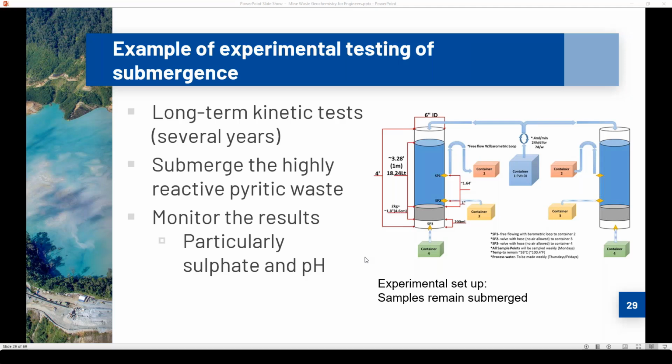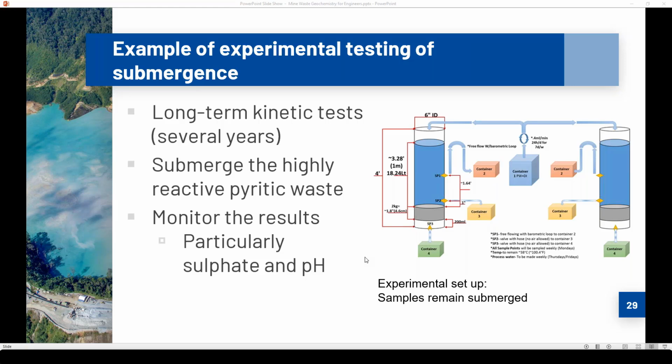For another example, we used long-term kinetic tests. These were tests that ran for several years, where firstly in the lab we demonstrated the viability of keeping highly reactive pyritic waste underwater, again in a high rainfall area in the tropics. For this particular project, we, with the client, designed long-term kinetic tests which maintained the waste under this water, and we monitored the water quality results over time.